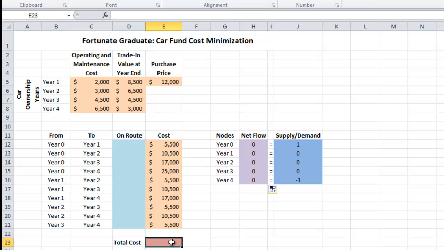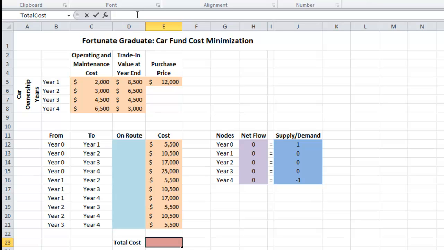Now the next formula, and the last formula we have to enter, is our total cost formula. And that, of course, goes in the reddish cell at the bottom. I've used this formula many times in my previous videos. We're just going to take whatever Excel finds for us in our route, which is the blue column, and multiply that by the corresponding cell in the cost column.